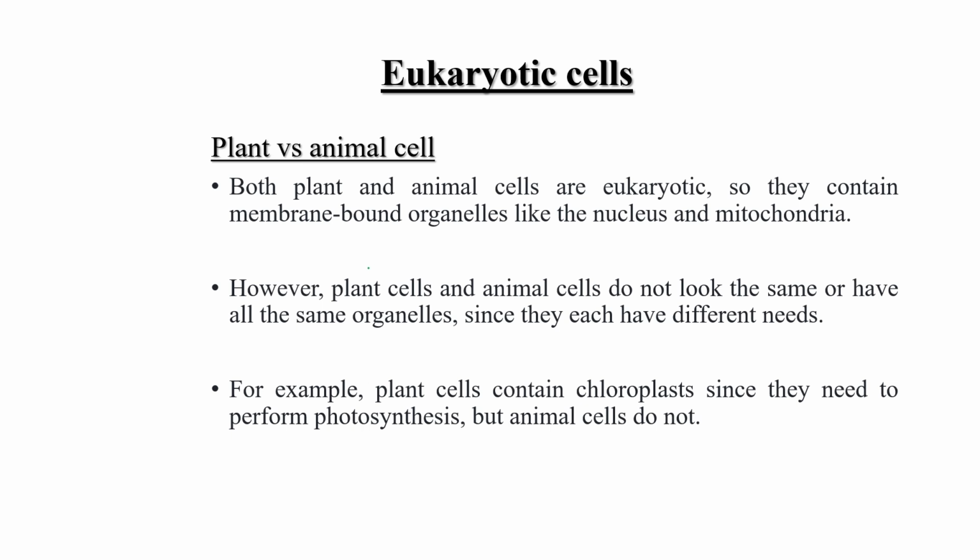Now, we can classify the eukaryotic cell into two different types, plant cell and animal cell. Both types of cells come under the same category, eukaryotic cell. Both of them contain membrane-bound organelles like the nucleus, mitochondria, Golgi complex, endoplasmic reticulum, and so on.